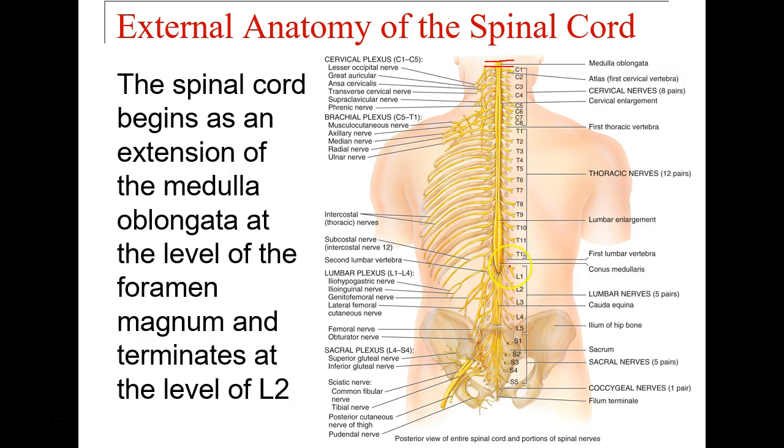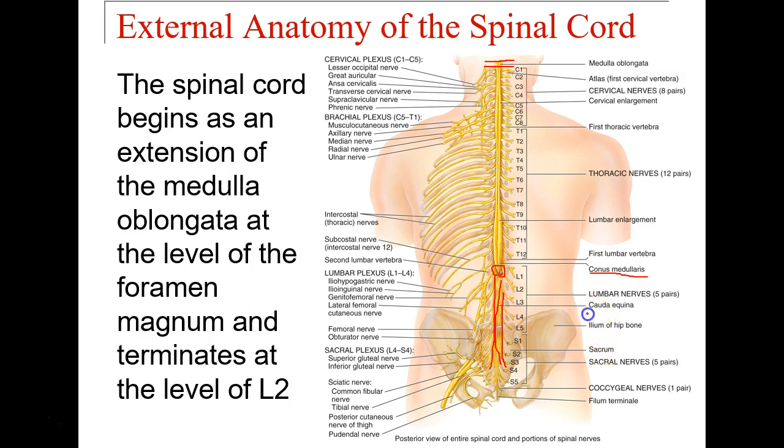And the cord will extend to the L1, L2 area, and the end of the cord is known as the conus medullaris. From there, what extends down into the sacrum are going to be nerve roots. So there is no actual solid cord entering the sacrum, but just nerve roots.